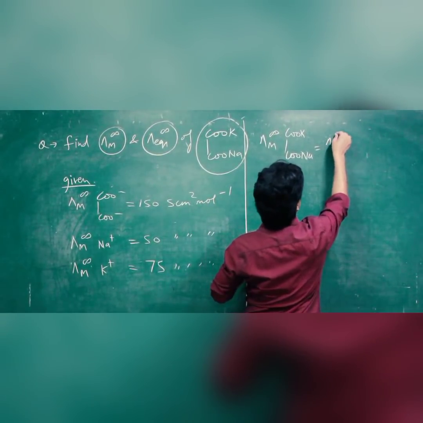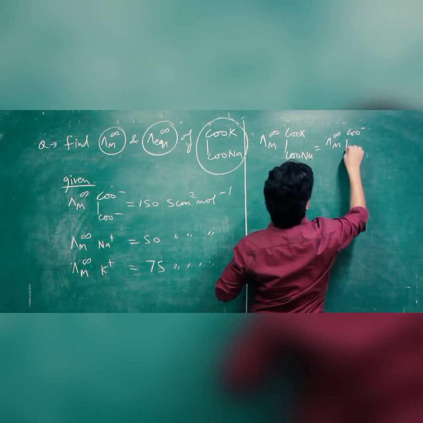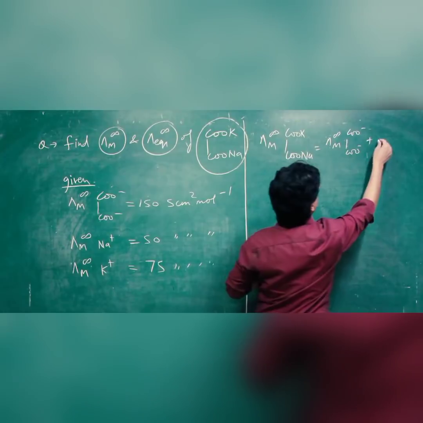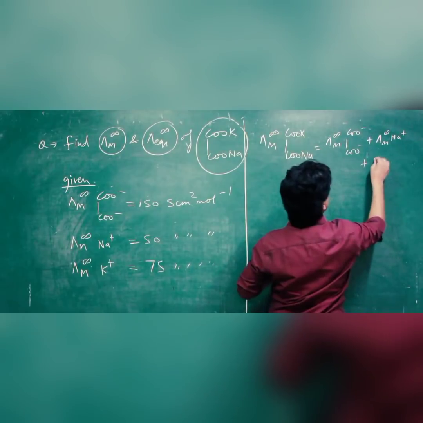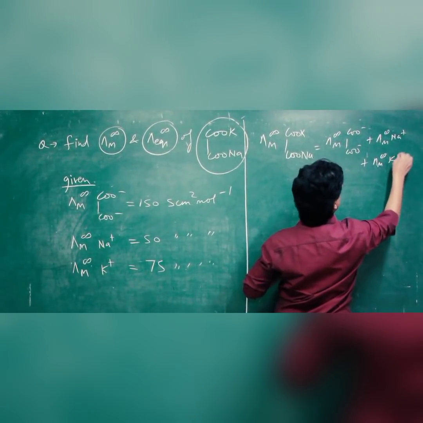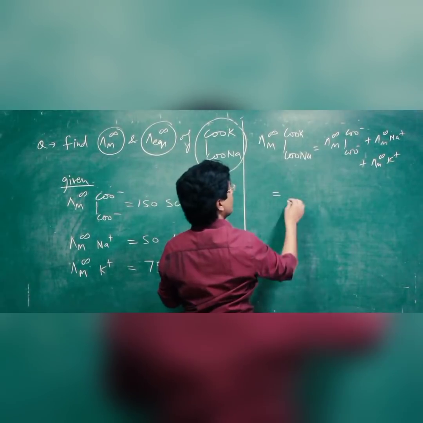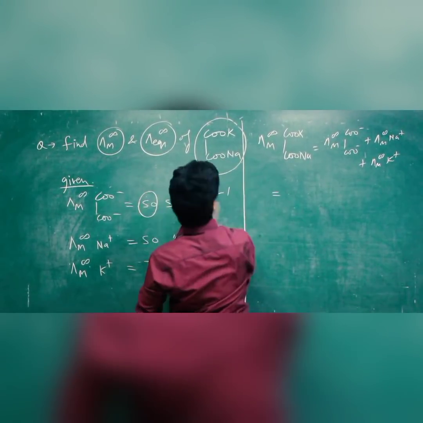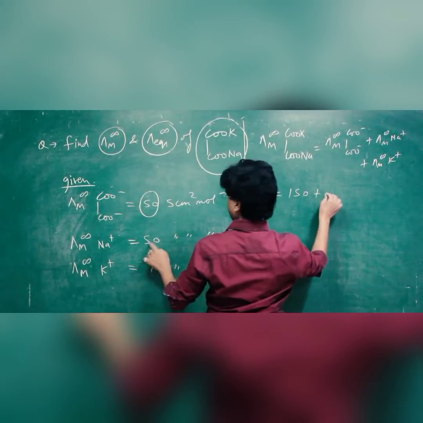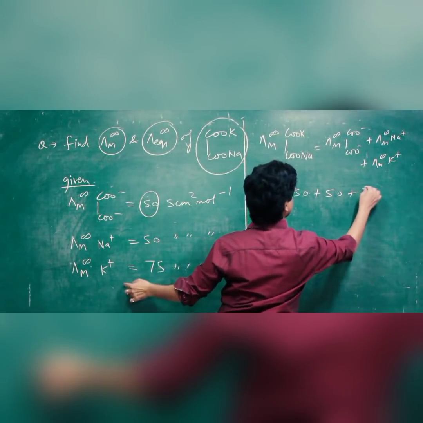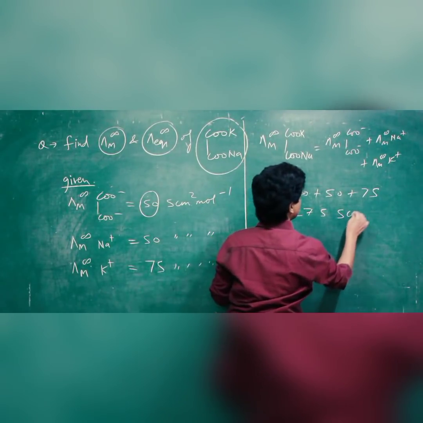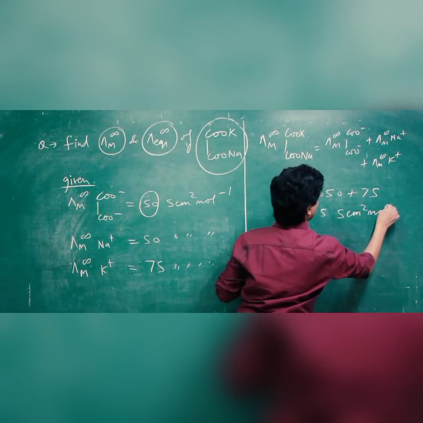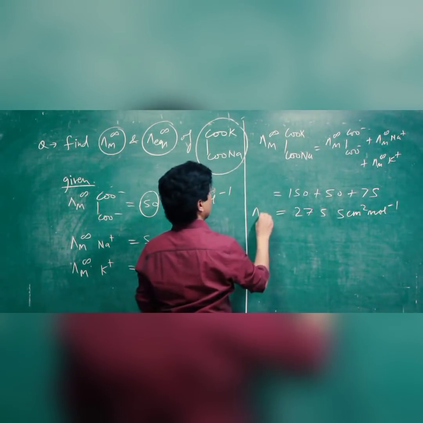This will be molar conductivity of COO negative and molar conductivity of Na plus, molar conductivity of K plus. Now you add it, you will get what? This is 150 plus 50 plus 75. This will be 275 Siemens centimeter square per mole. This will be the molar conductivity.